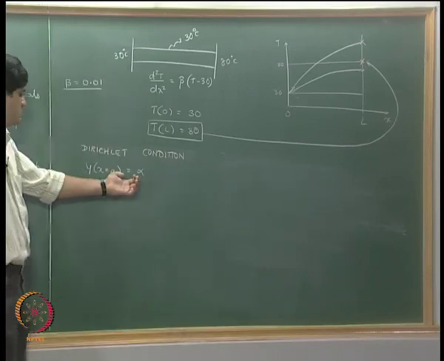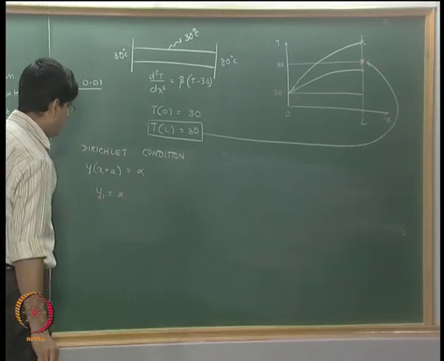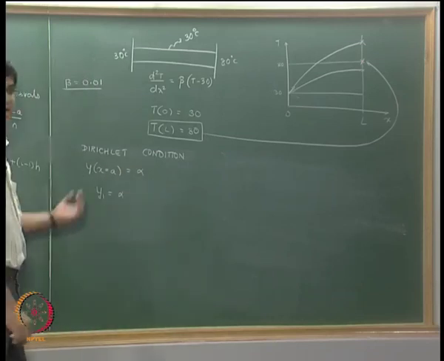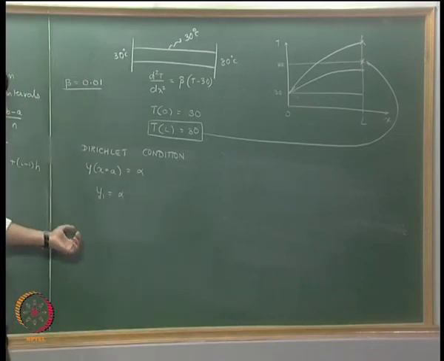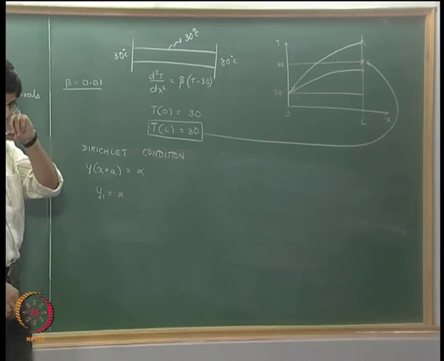It is very easy to handle, it is nothing but y1 equal to alpha. Likewise, at the other end, if we had a Dirichlet boundary condition, we will get yn plus 1 equal to beta. So, those are going to be our two boundary conditions that we can use.